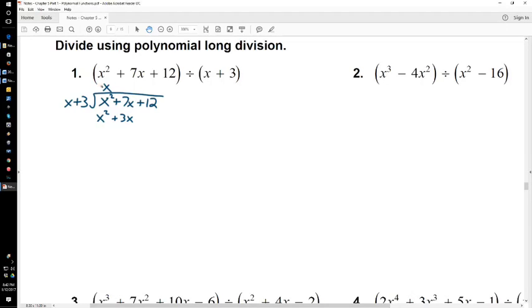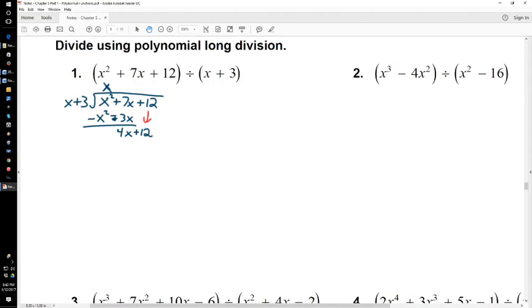Need to make that smaller. Alright, so that's an x. From here, you simply subtract. So I'll subtract the x squared, and I'll subtract the 3x. So x squared minus x squared is 0. 7 minus 3 is 4, so we have 4x. And then we bring down the 12.